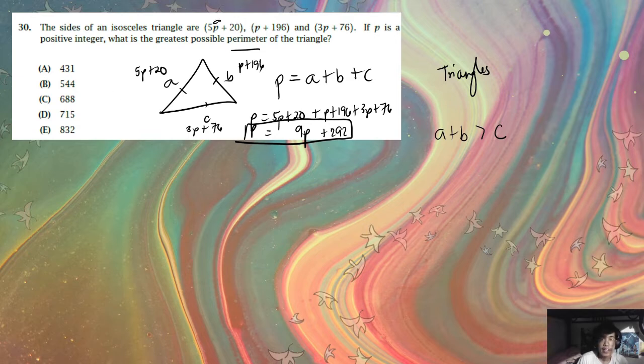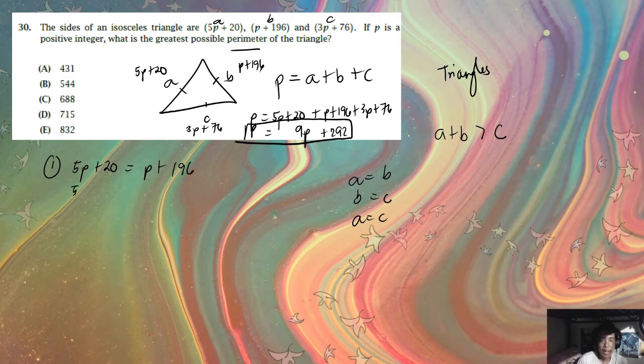Since this is our side A, this our side B, and this our side C, we can equate them: A equals B, B equals C, and A equals C. For A equals B, we have our first equation: 5p plus 20 is equal to p plus 196.